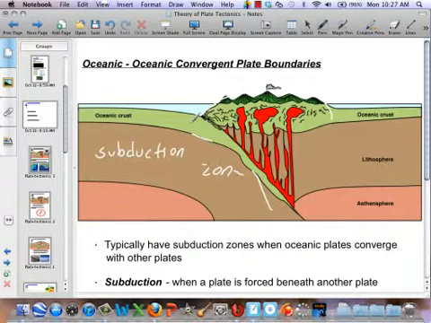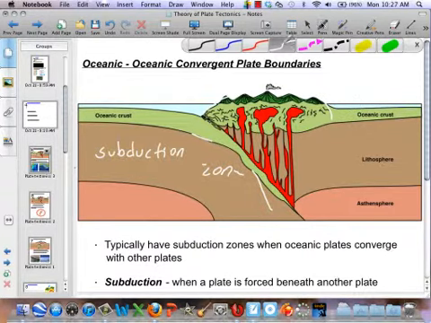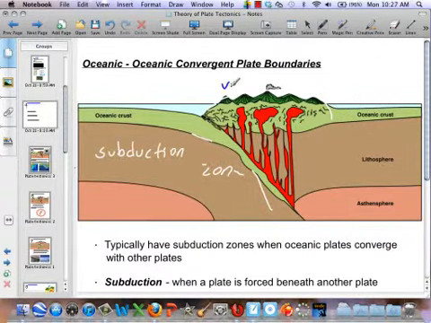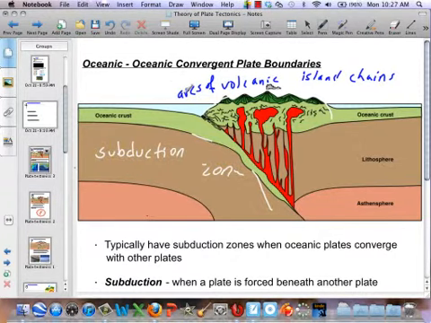So if I have an ocean crust colliding with another ocean crust, what I actually get, and this is really important for you guys to know, is volcanic island chains. You can almost think of it as arcs of volcanic island chains.